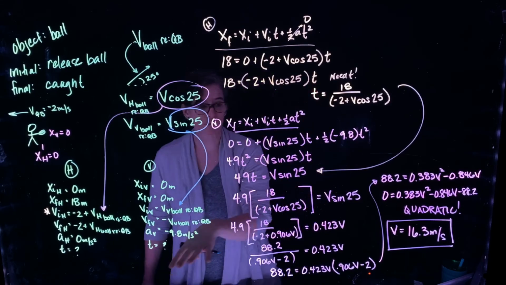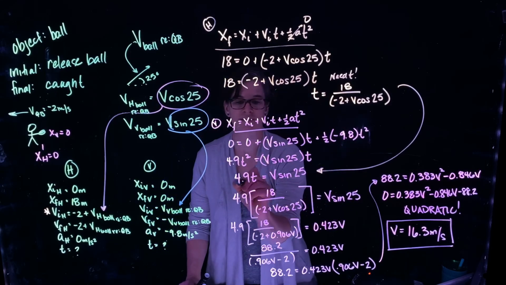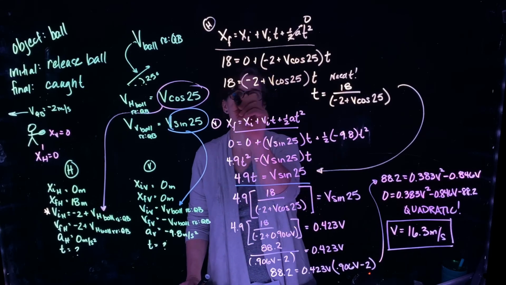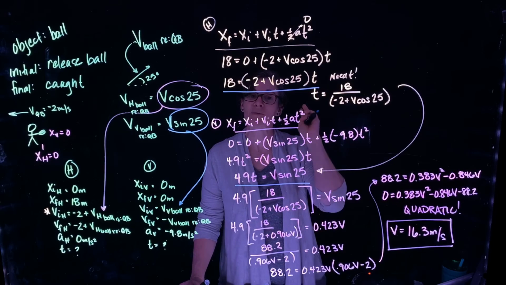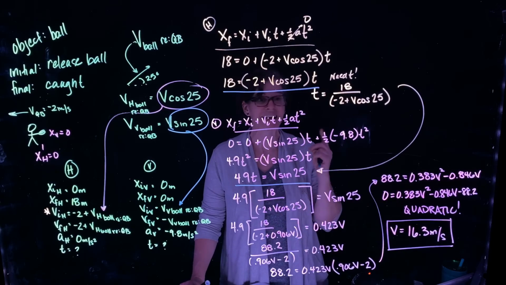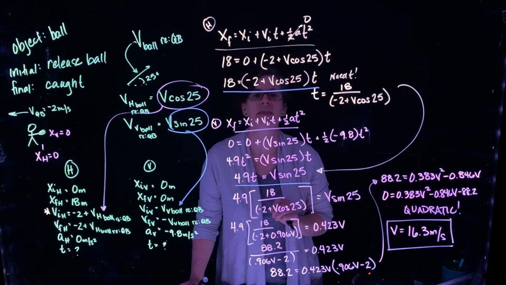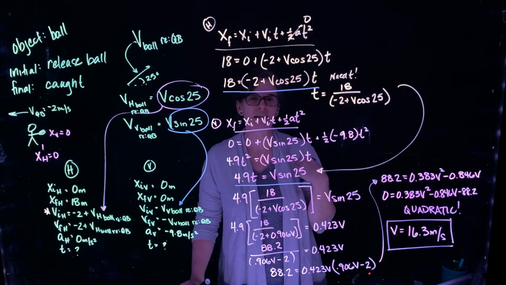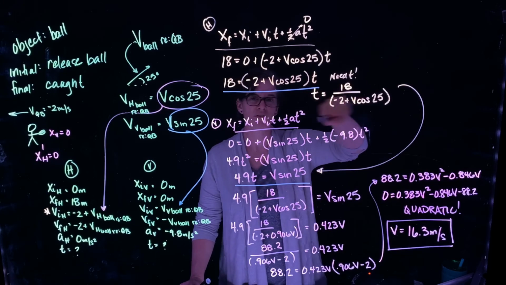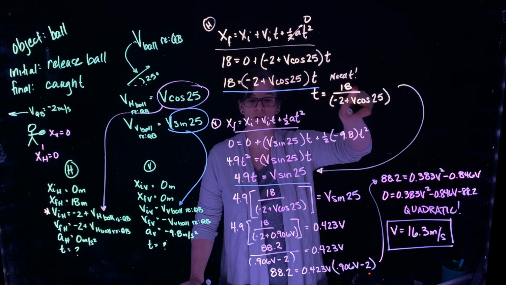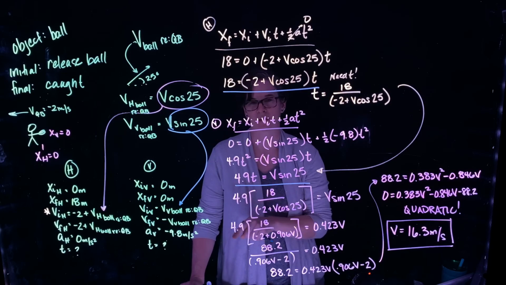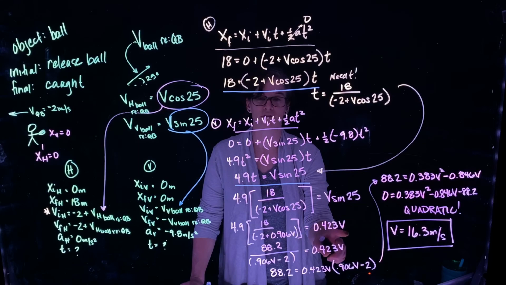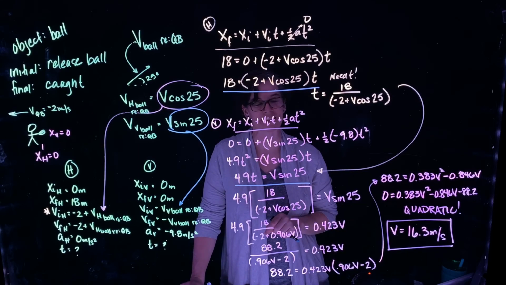And in the vertical direction, I get another equation in terms of the velocity of the ball and the time. Once I have two equations with the same two unknowns, I can solve for them through whatever method you prefer. I kind of like substitution, so I solve for the time in one of my two equations, and I substitute it into the second one. And then I solve for the velocity that I'm interested in.